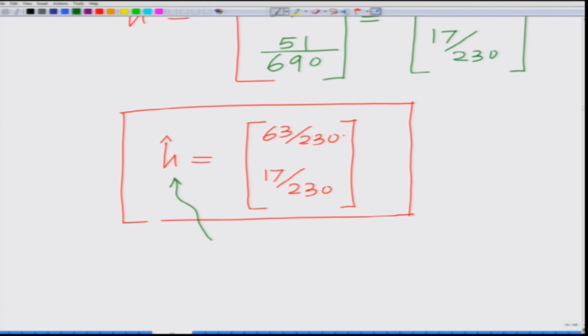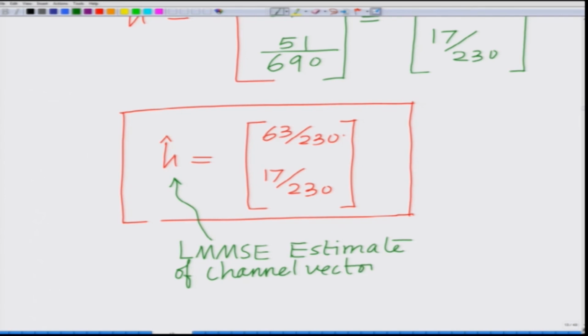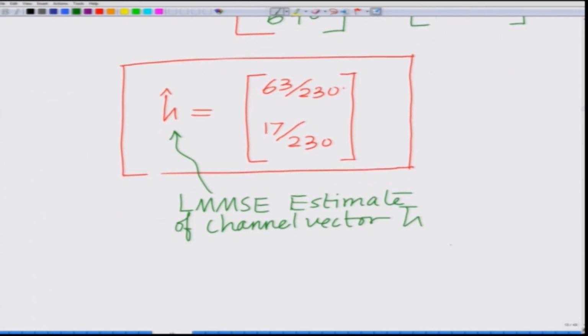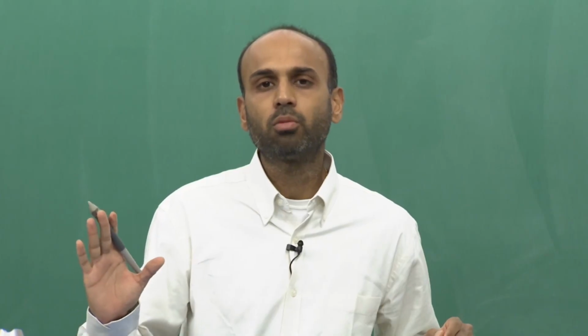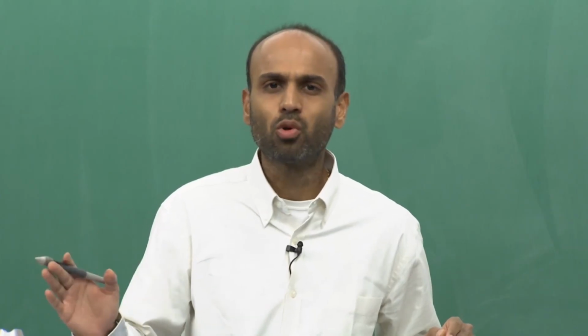So, this is basically your LMMSE estimate of your channel, the LMMSE estimate of the channel vector h bar. And therefore, now if you look at this, h hat basically is the estimate of the channel vector h bar, which itself is a channel vector corresponding to 2 transmit antennas, therefore, it has 2 components, alright.